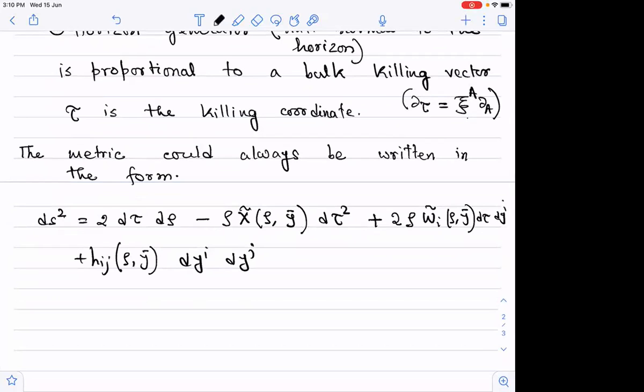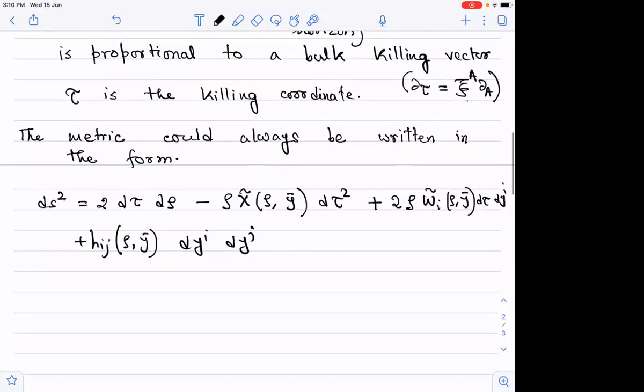Nothing depends on tau because tau is the Killing coordinate, so it's a global isometry direction. So this is the form of the stationary black hole, and here rho equal to 0 is the horizon.